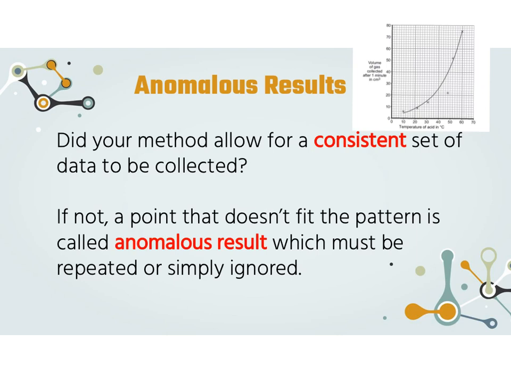So again, this is one example of an anomalous result that was obtained while we were conducting the given experiment, where its results were represented by this graph. As you see, this point seems to be a strange one, deviating away from the other points.